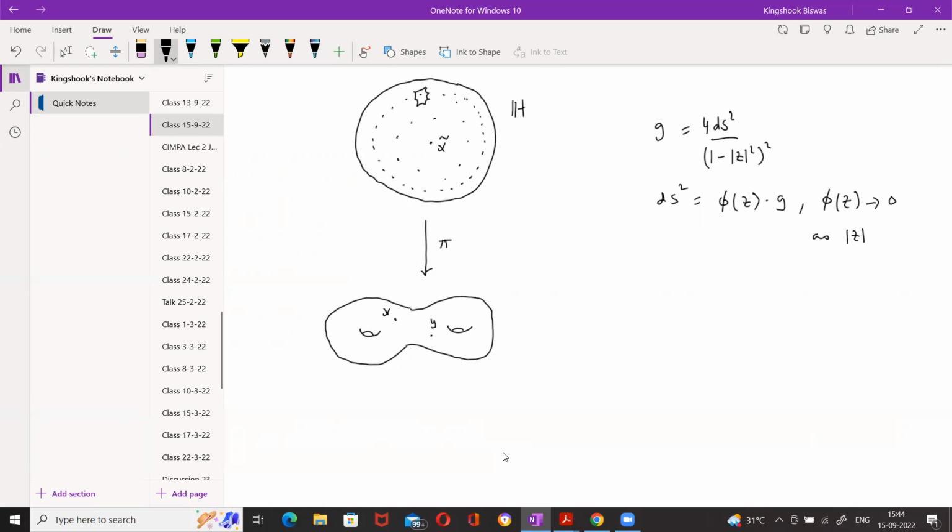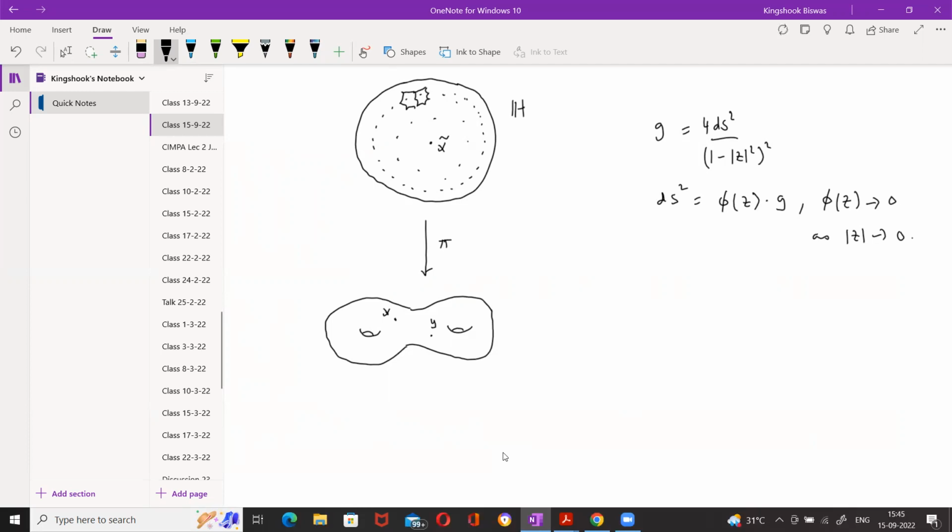So if the hyperbolic diameter stays constant, the Euclidean diameter goes to 0. These fundamental domains have Euclidean diameter going to 0, but they tile the whole hyperbolic plane.